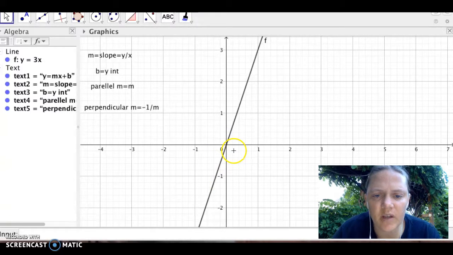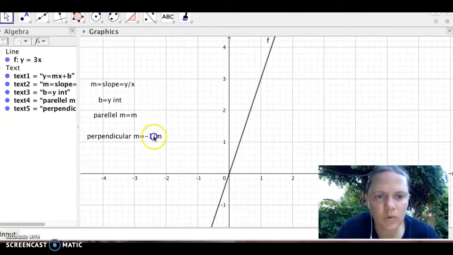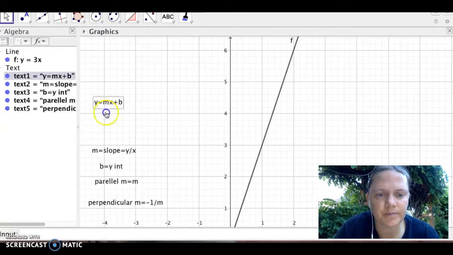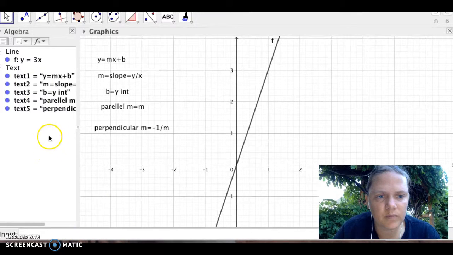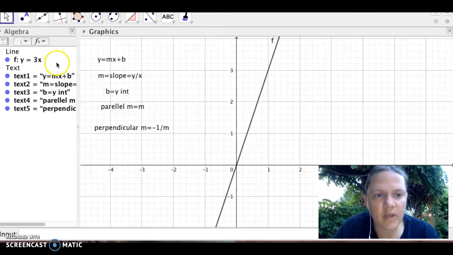Alright, so we have the equation y equals 3x. So we have no b here, right? Our b is 0, so we're going through 0, 0.